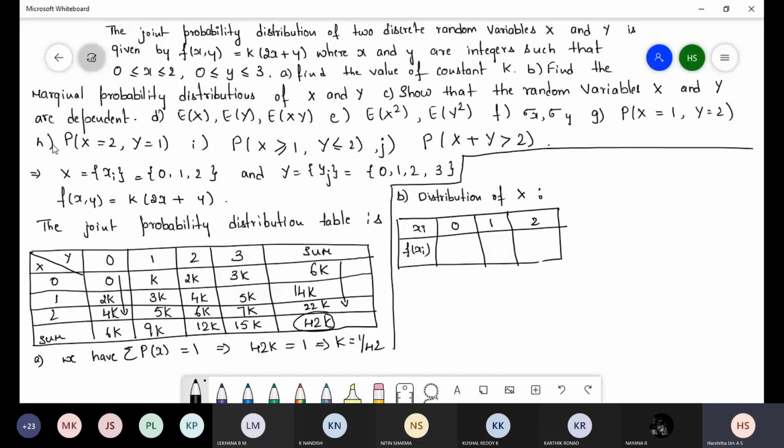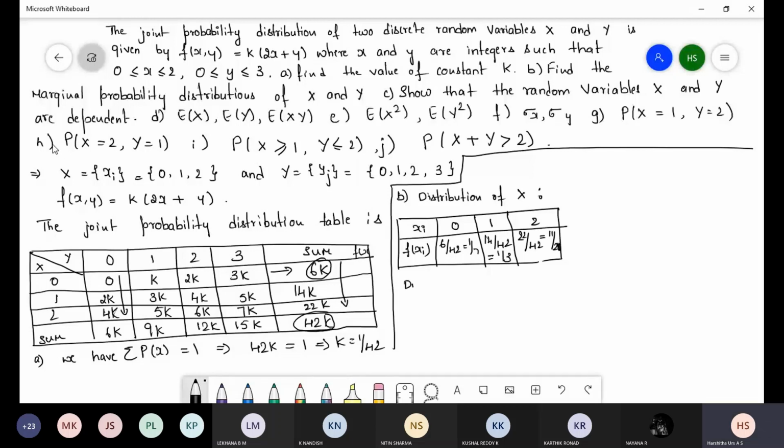For each x value, f of xi is the row sum. 6 into 1 by 42 is 1 by 7. Next, 14 into 1 by 42 means 1 by 3. Next, 22 divided by 42 is equal to 11 by 21.